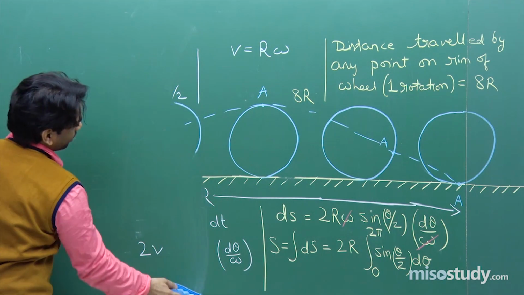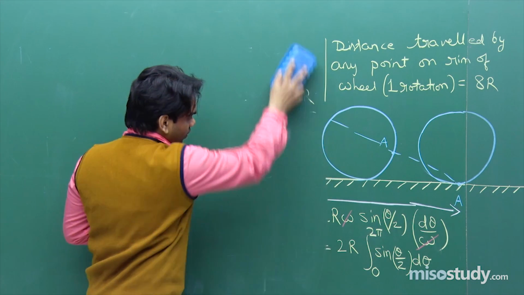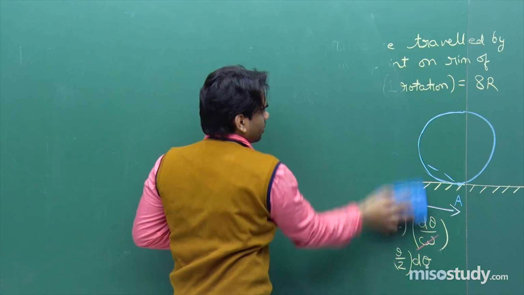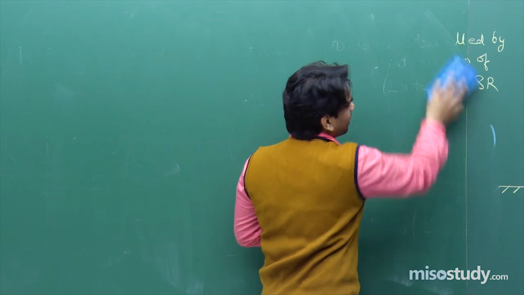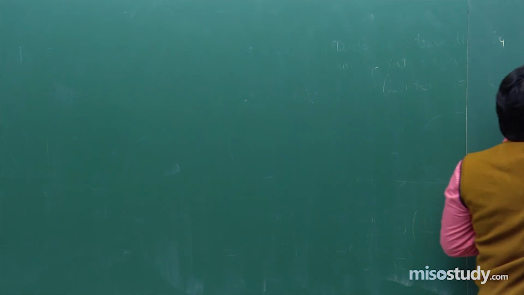Before going to the dynamics of rolling motion, let me explain the concept of rolling friction. You would be very much interested in riding a bicycle or a bike, and you must have seen wheels rolling.